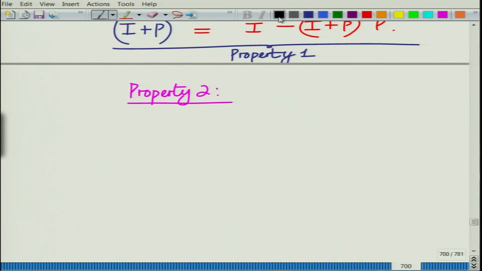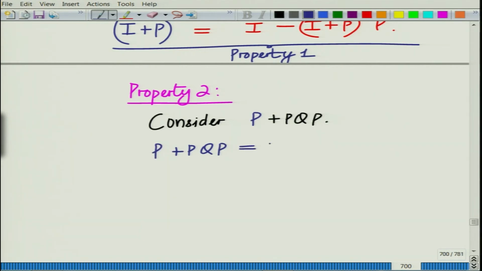Remember, these are the properties that we will need to prove the matrix inversion lemma. Consider the quantity P plus PQP. I can write this, taking P common on the left, as P into I plus QP.